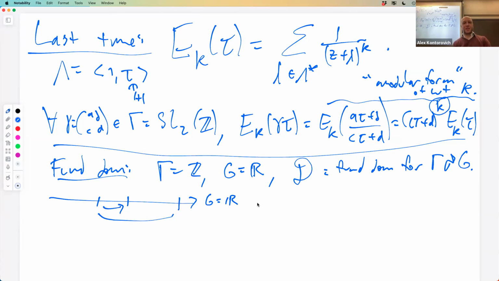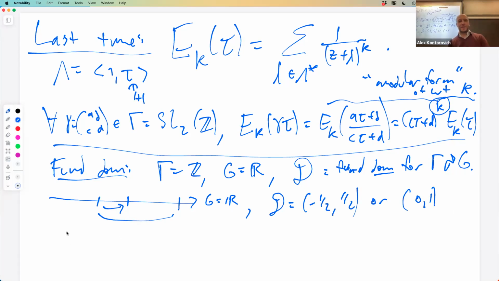So up to integer translation, what's a fundamental domain? Well, different people have different definitions. For me, a domain is an open set. So can you think of a fundamental domain for this action? Any unit segment, like minus a half to a half, or 0 to 1, something like this, right?